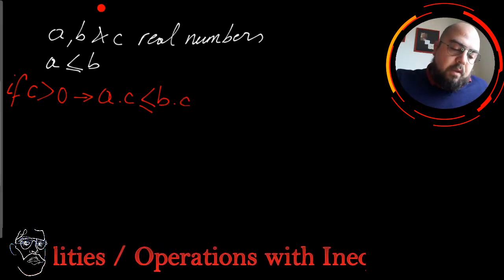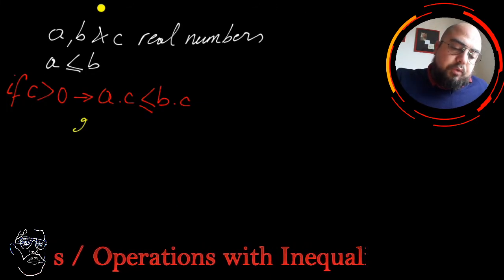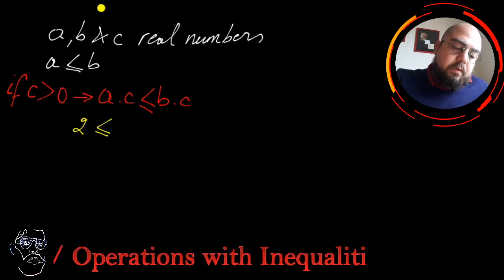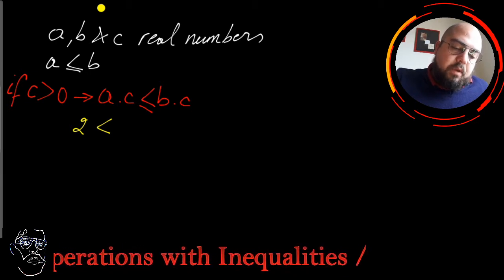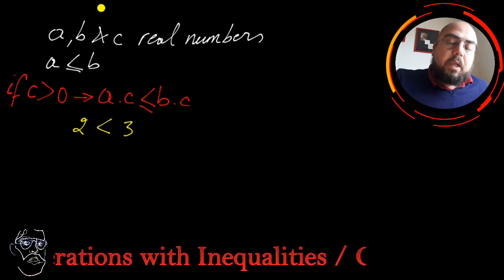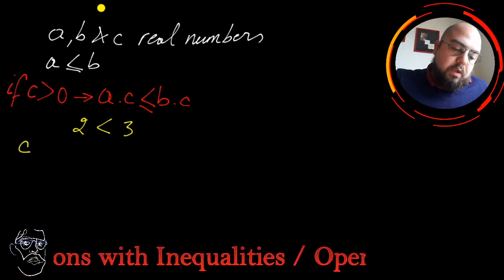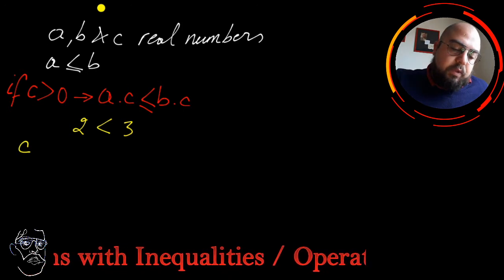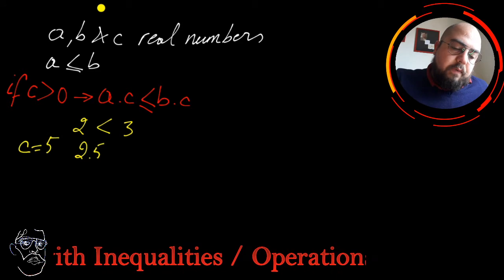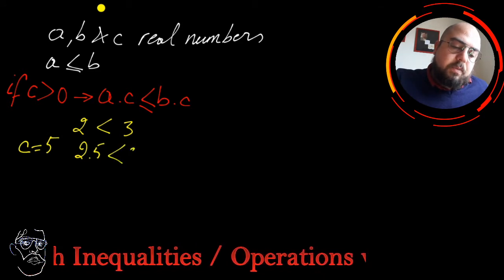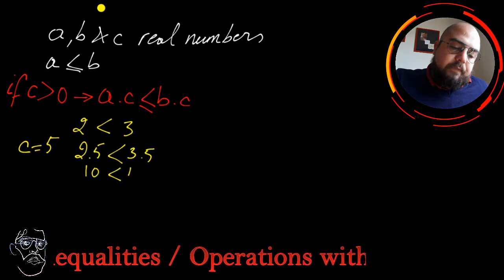Example. Let's say we have 2 smaller than 3, and I'm going to multiply by C, which is 5, a positive value. So 2 times 5 will still remain smaller than 3 times 5. In fact, 10 is smaller than 15.